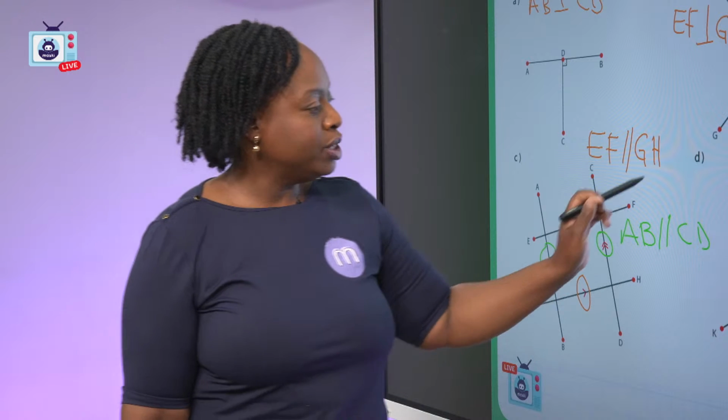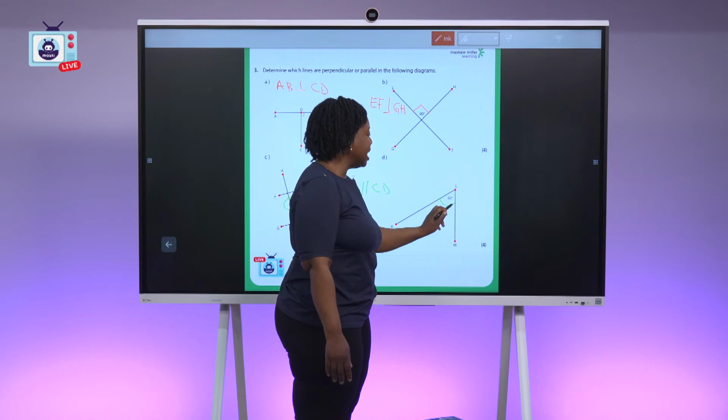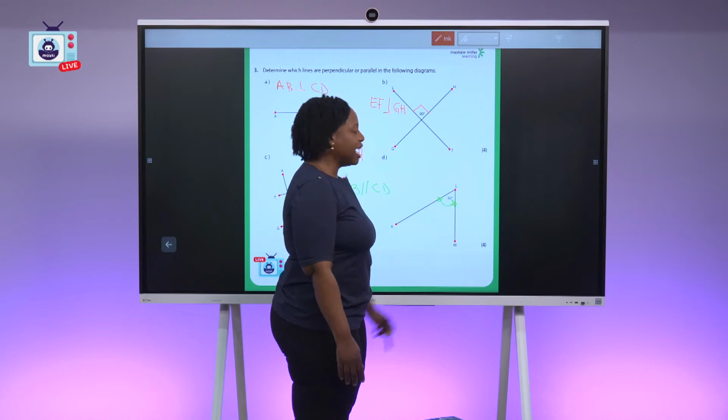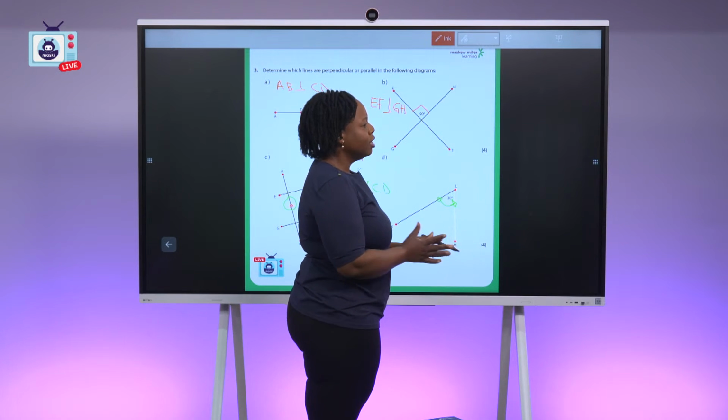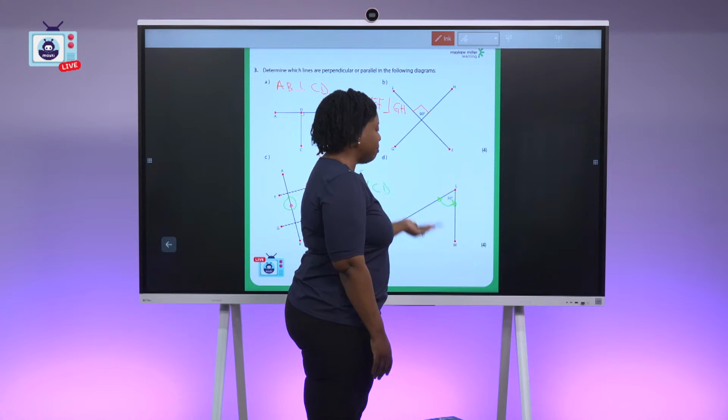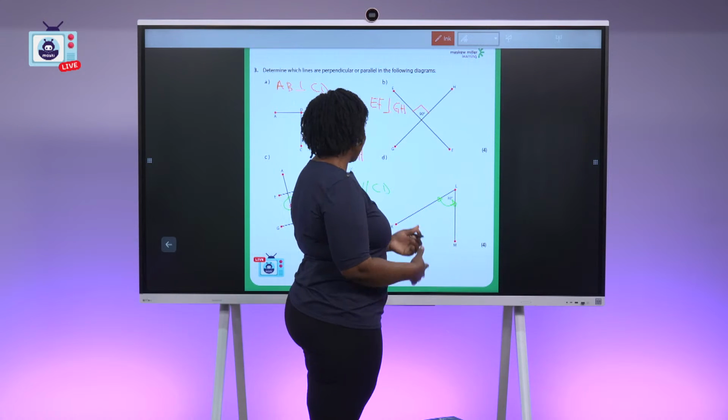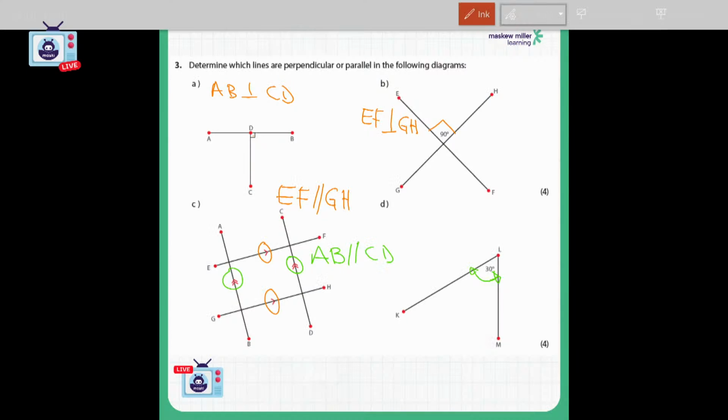Then when we go to D, we can see that this angle here is 30. And if the angle is 30, automatically that is saying that this one is neither parallel nor perpendicular. So that means number D, KL is not parallel to LM, as well as KM is not perpendicular to LM.